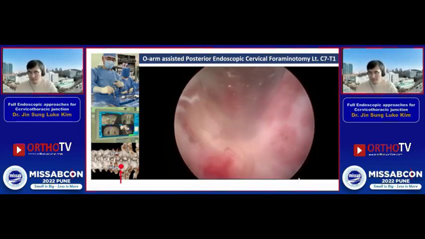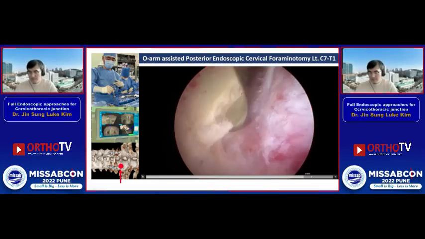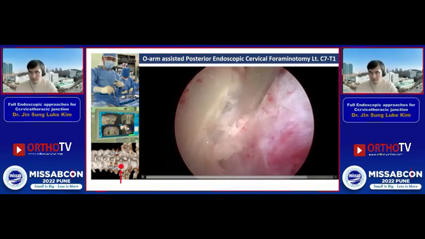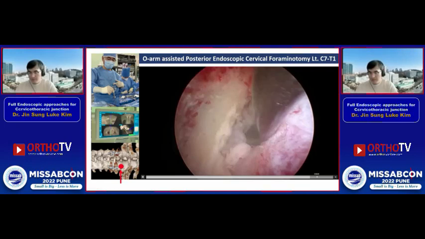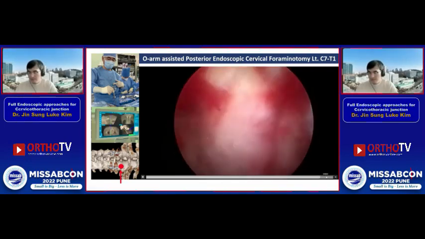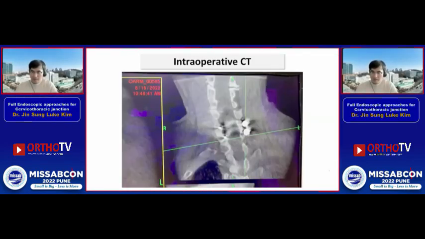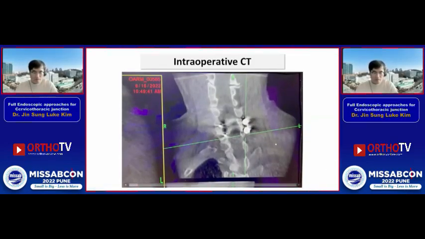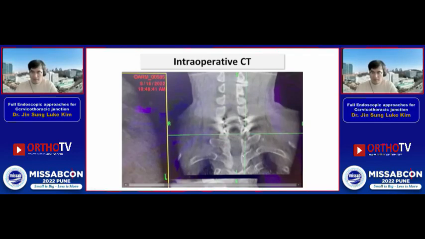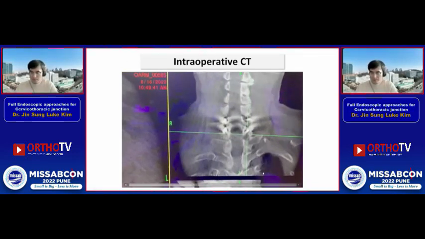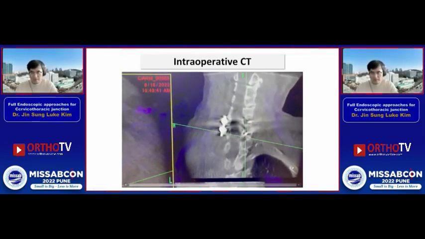More extension of the, anyway. You can see the tip of the SAP already removed well. So that's all the procedure. On the 3D scan, we can assume the decompression margin like that.